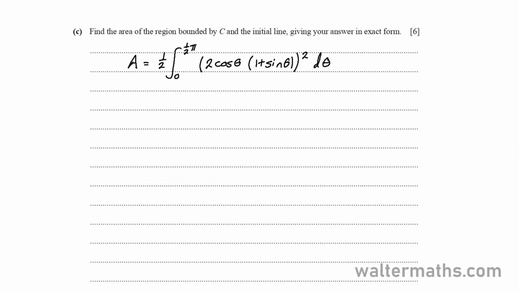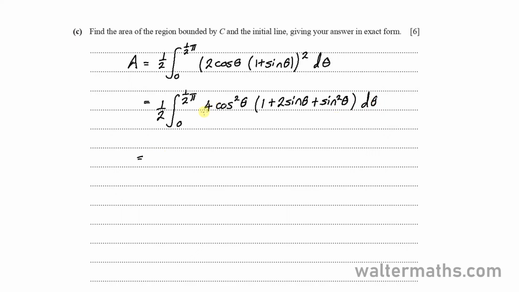So let's integrate this. Here, I'll carry down the half, and the integral from 0 to a half pi, and squaring here, we'll be getting 4 cos squared theta, and expanding 1 plus sine theta squared, we get 1 plus 2 sine theta plus sine squared theta, with respect to theta.